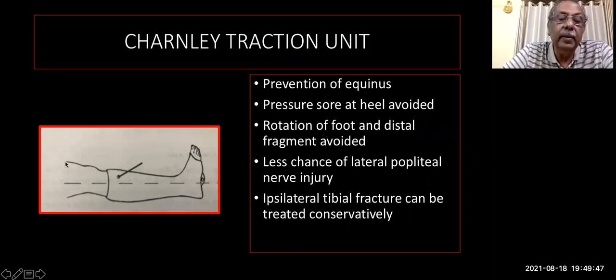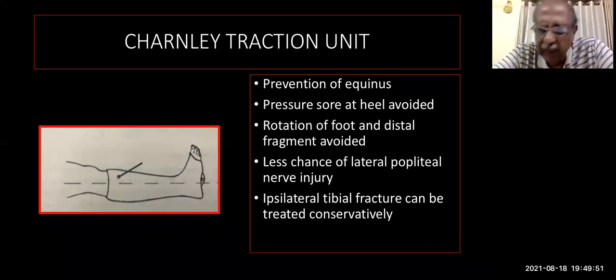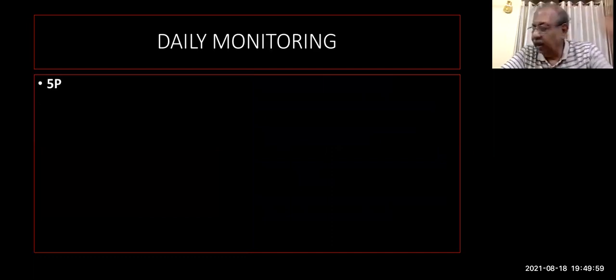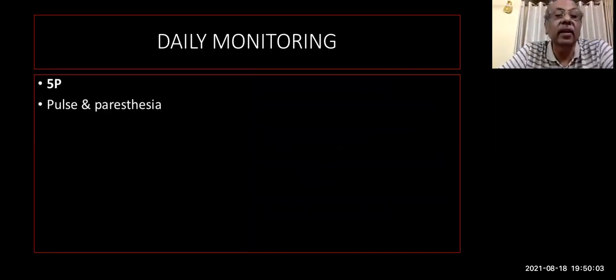Nowadays, when there is an ipsilateral tibial fracture, it is called a floating knee, and it is almost always treated surgically. Previously, it was treated by this method. You are the resident in the ward, and the resident is asked to monitor. What are the things that you'll monitor?